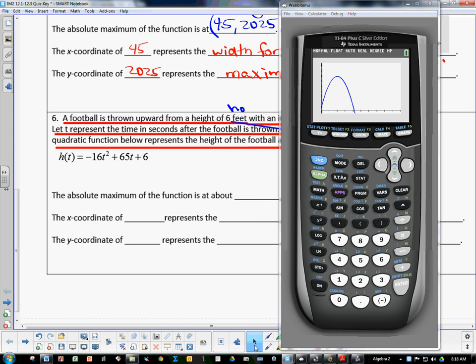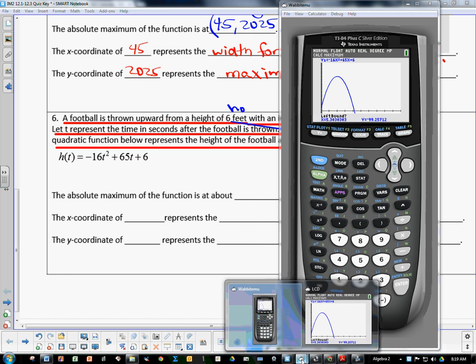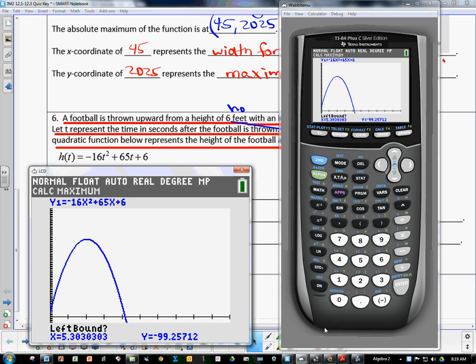Let's start to think about what they want here. They want the maximum. So, second, trace the maximum, number 4. You'll notice, I need to make sure that you see this. I am tracing along this somewhere. I have no idea where I am. Can someone help me?